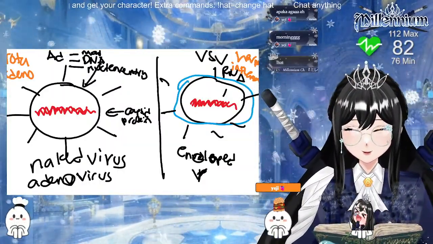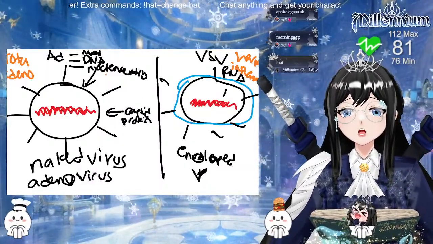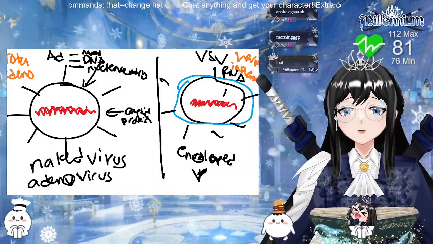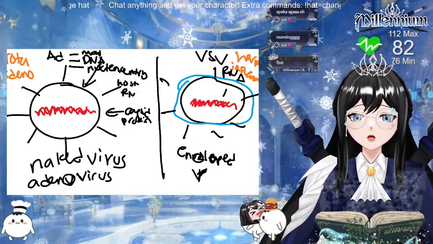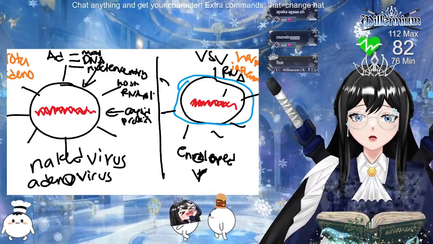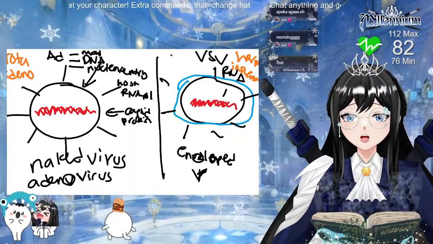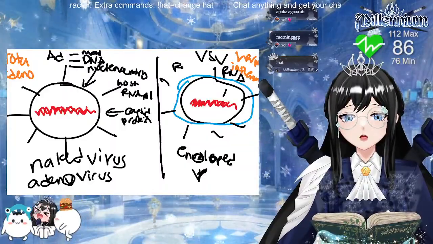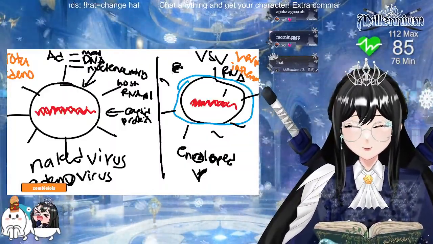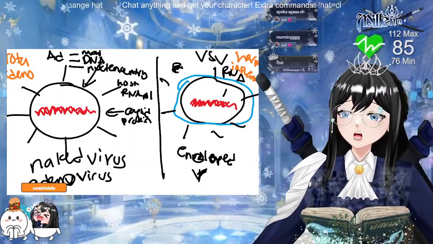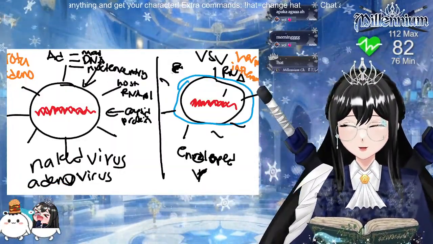Alright, and DNA viruses like adeno, so remember, adeno here, they can use the host RNA polymerase. Okay? Meanwhile, RNA viruses should carry their own RNA polymerase. So that's why they do it outside. That's another main difference that should not be forgotten.